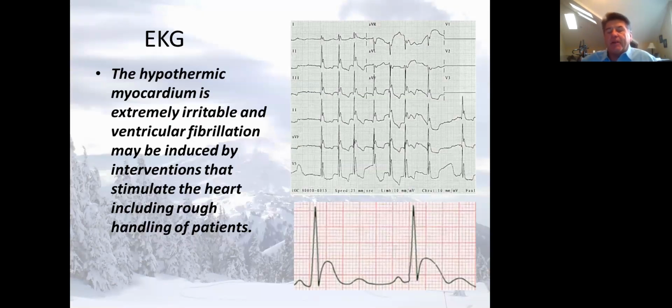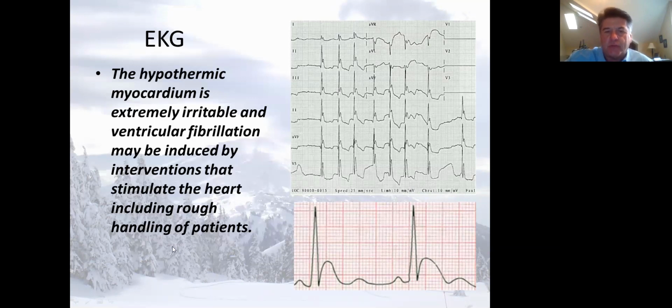What's very important about the myocardium as it gets colder is it becomes extremely irritable, and ventricular fibrillation may be induced by simple interventions that stimulate the heart, including rough handling of patients. I have seen this question very often on board type exams: why do you have to be careful moving these patients?